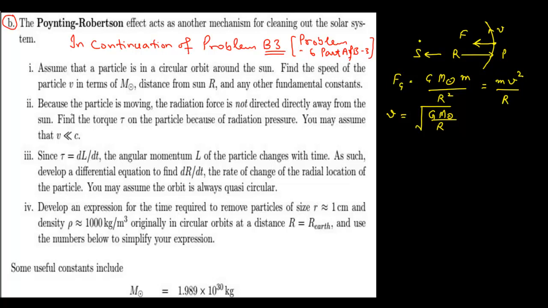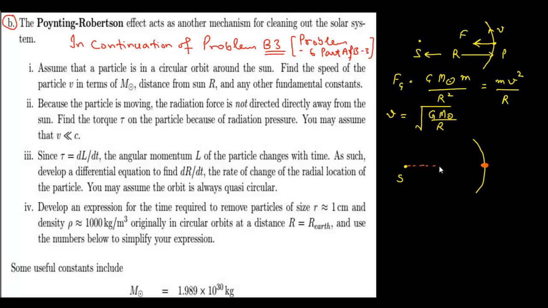Now in the second part, he is saying that because the particle is moving, the radiation force is not directed at the sun. Find the torque tau on the particle because of the radiation pressure. You may assume that v is very much less than c. Now in order to understand this situation, let's picturize it, that this is the sun and this is the circular orbit, and at any instant of time, suppose the particle is here.